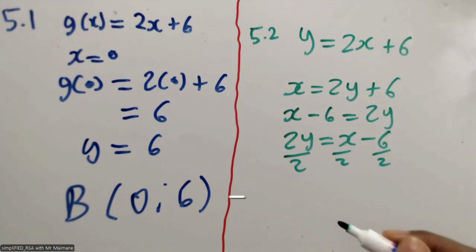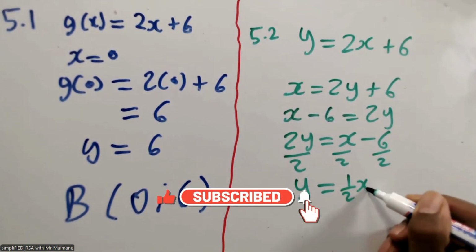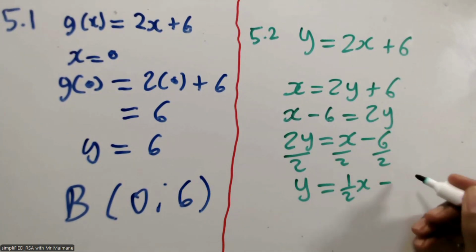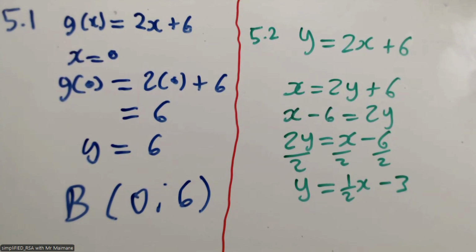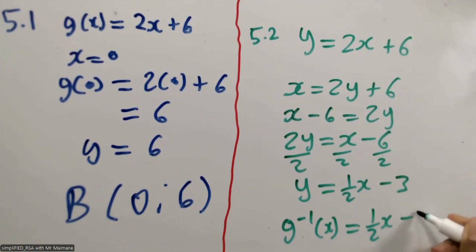If I divide by 2 throughout, I'll get that y equals 1 over 2x minus 6 divided by 2, which is going to be minus 3, meaning the inverse of g is going to be represented in this form, 1 over 2x minus 3. Without even hesitating, we have got our correct answer. Again, easy peasy.